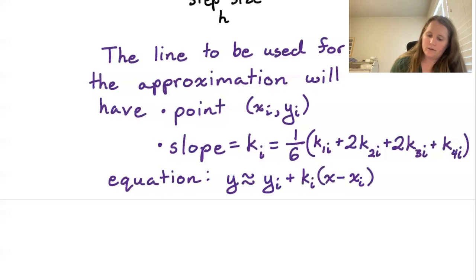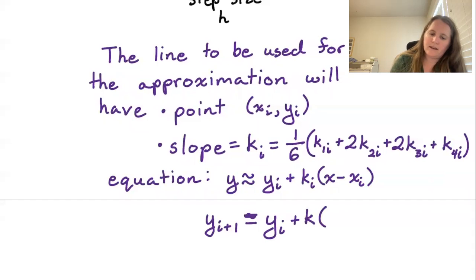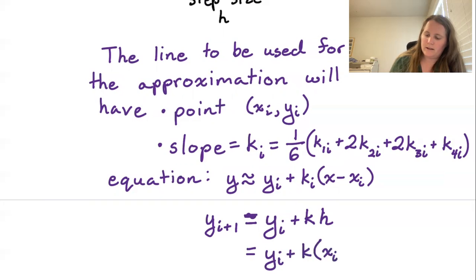And we have our yi plus 1 is therefore considered to be yi plus k times our step size, so kh, or yi plus k times xi plus 1 minus xi, right?